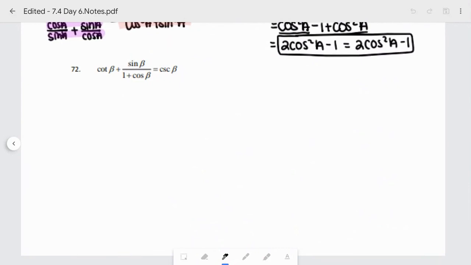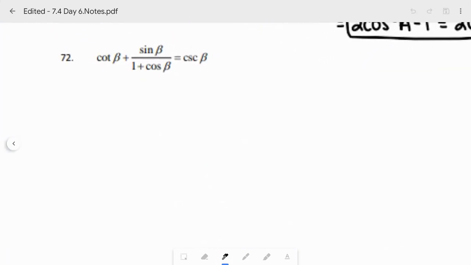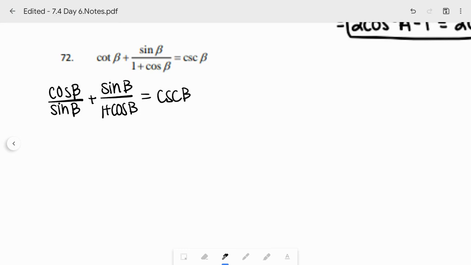Okay, number 72, we have cotangent of beta plus sine of beta over 1 plus cosine beta is equal to cosecant of beta. So let's go ahead and rewrite the left-hand side just using sine and cosine. So cotangent is cosine over sine. So I've got cosine beta over sine beta plus sine beta over 1 plus cosine of beta, and that is equal to cosecant of beta.